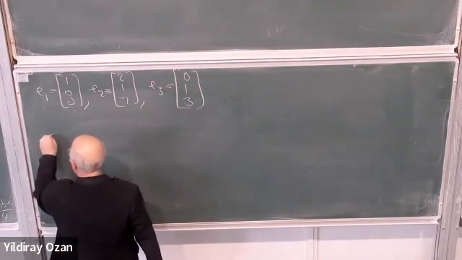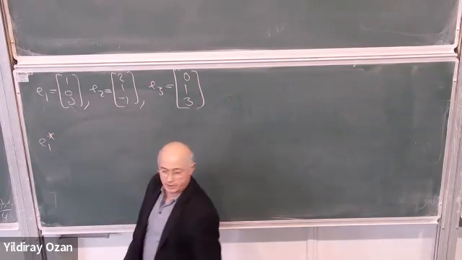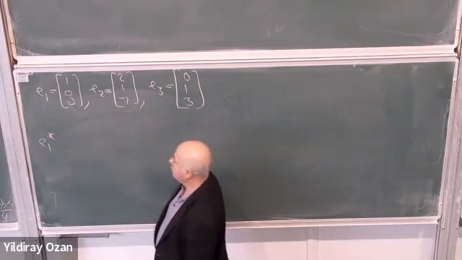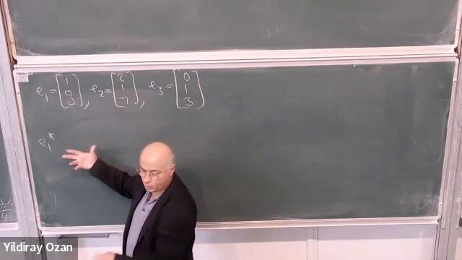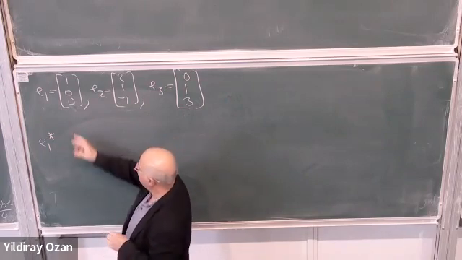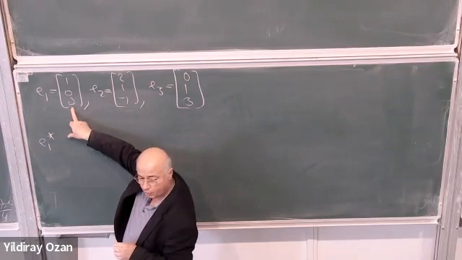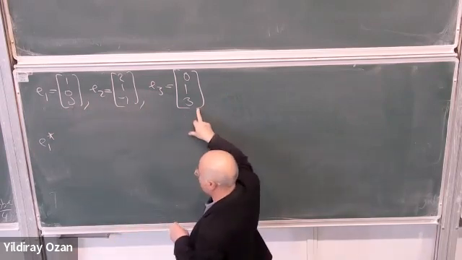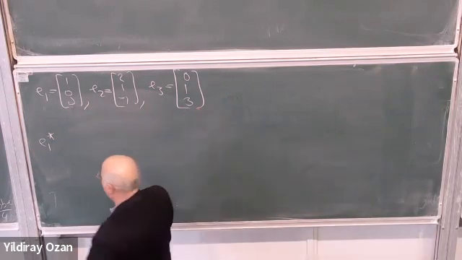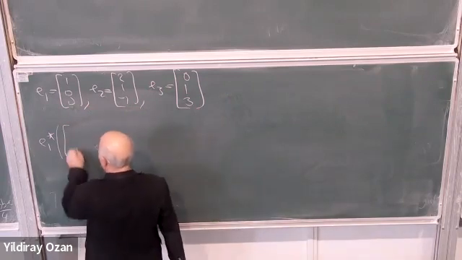E1 star is a covector or dual vector, which takes the value 1 on this and 0 on the others, right? So, what is the value of this on A, B, C?